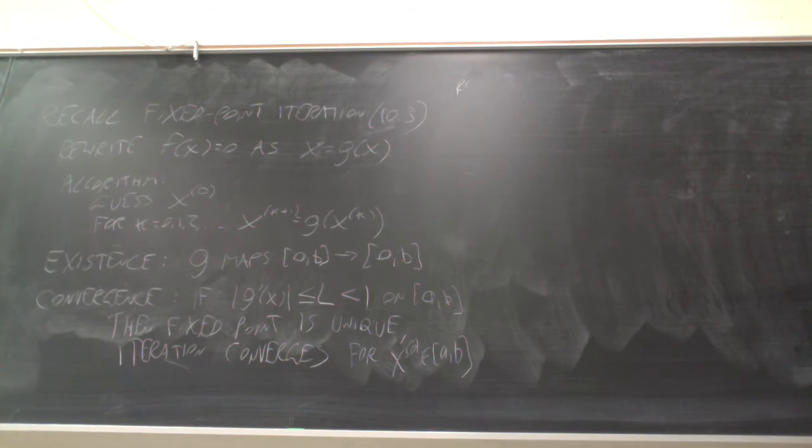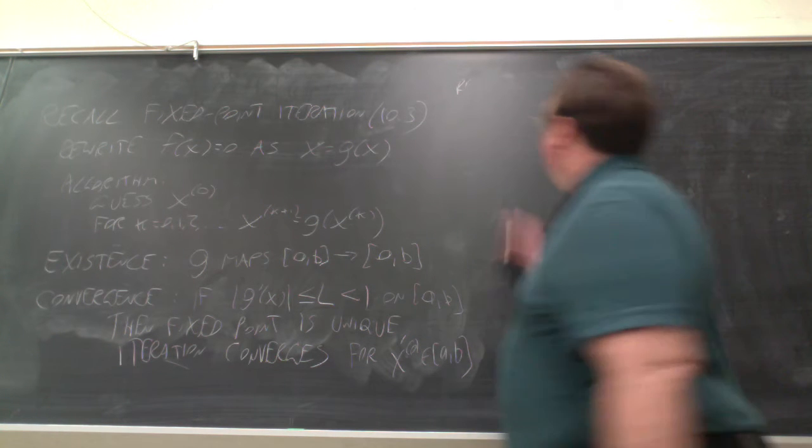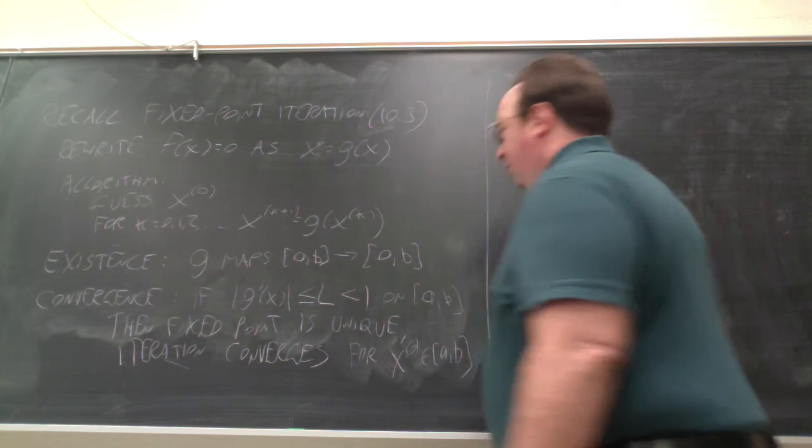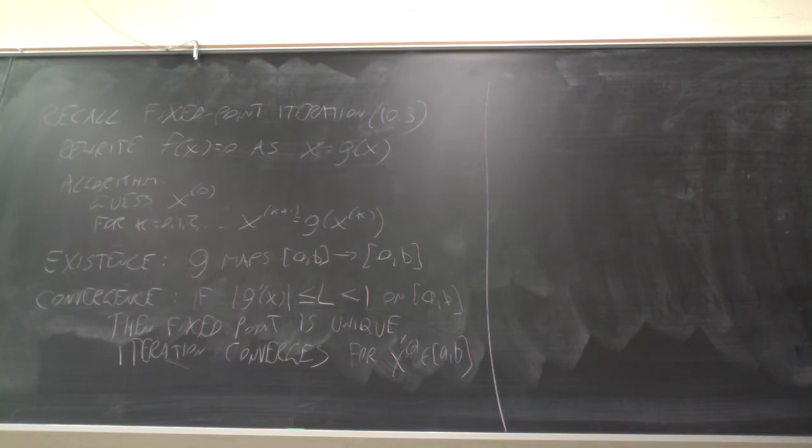And we've seen that if the derivative is greater than 1 in absolute value at the fixed point, then the fixed point iteration will generally fail. So we need that derivative to be small. Hopefully this at least rings a bell.